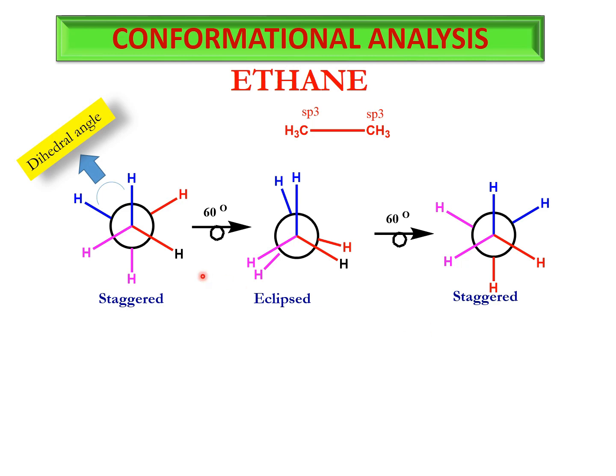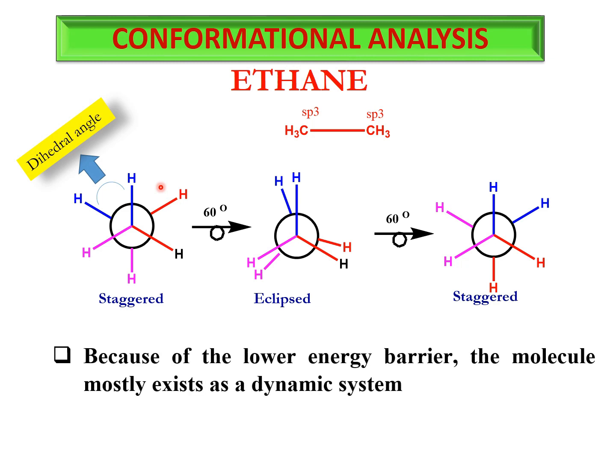Now, what is the difference between these staggered and eclipsed conformations? You see, these hydrogens are away from each other in space, so there is lesser or almost no steric hindrance between them. When there is no steric hindrance between the groups in a molecule, it usually is quite stable.